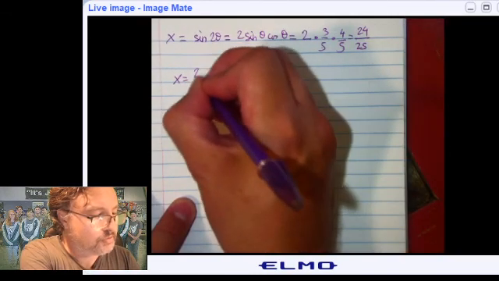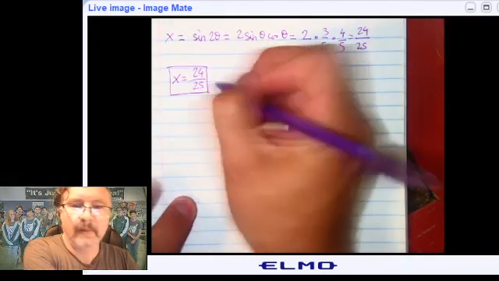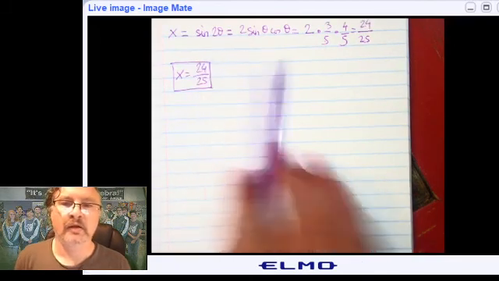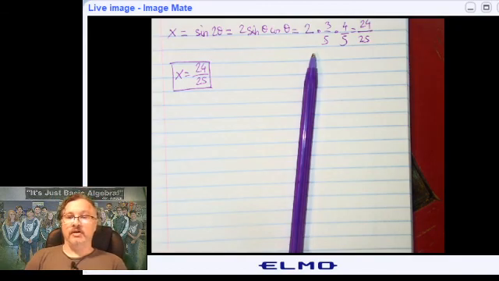And it's equal to 24 over 25. Plug it in the original equation and you will see that it works out beautifully.